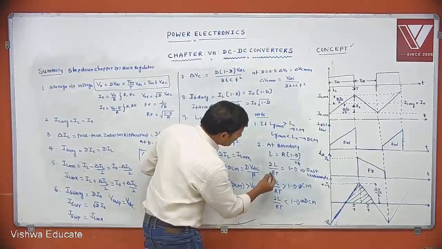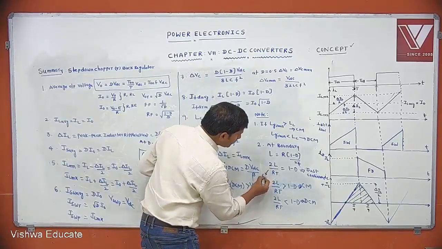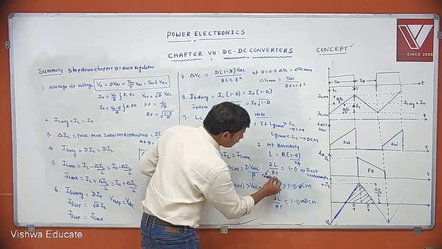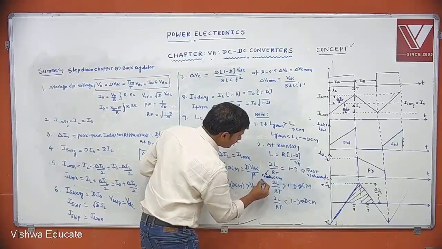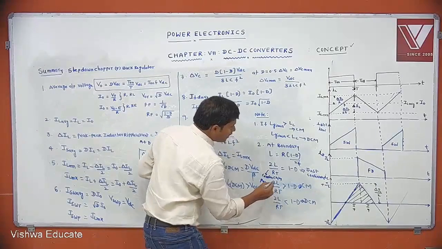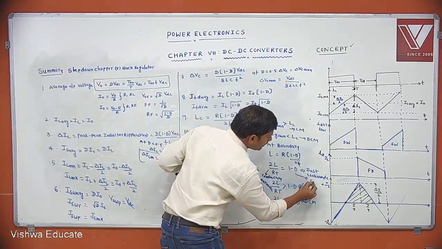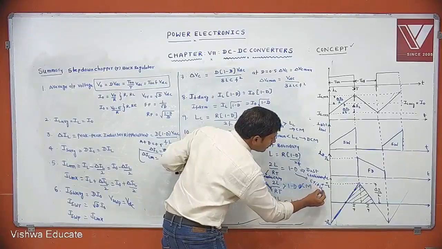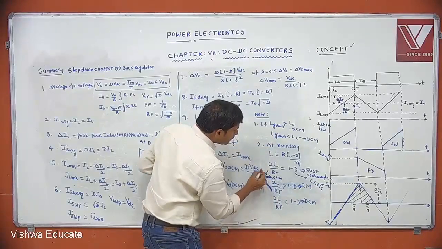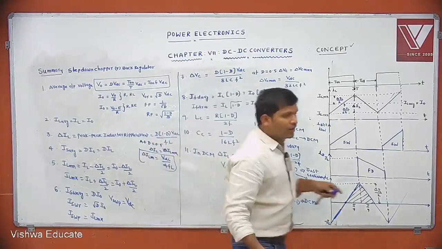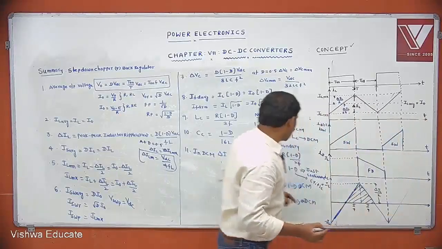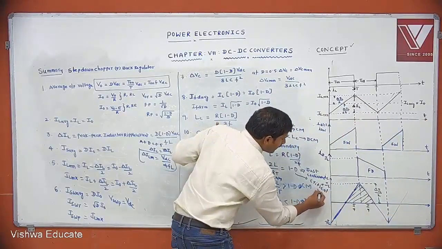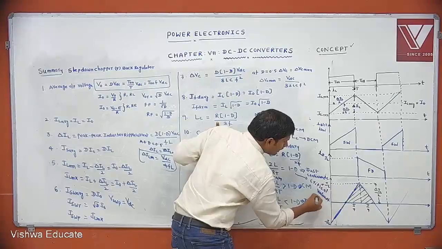Where 2L by RT is called the conduction parameter, and 1 minus D is called the critical value of the conduction parameter.